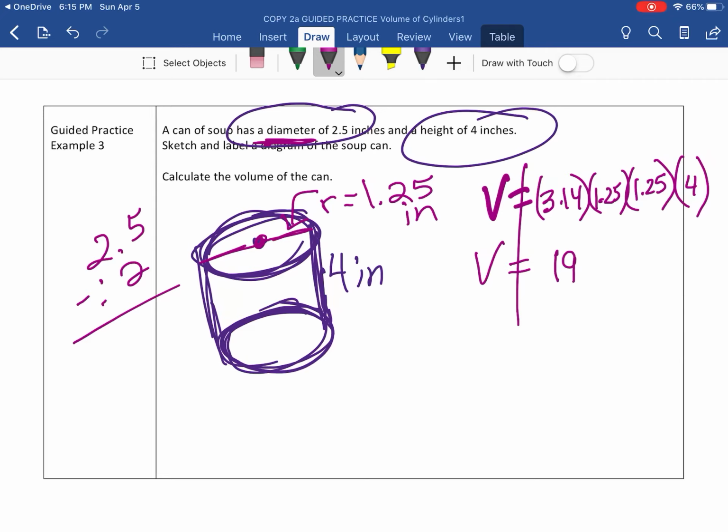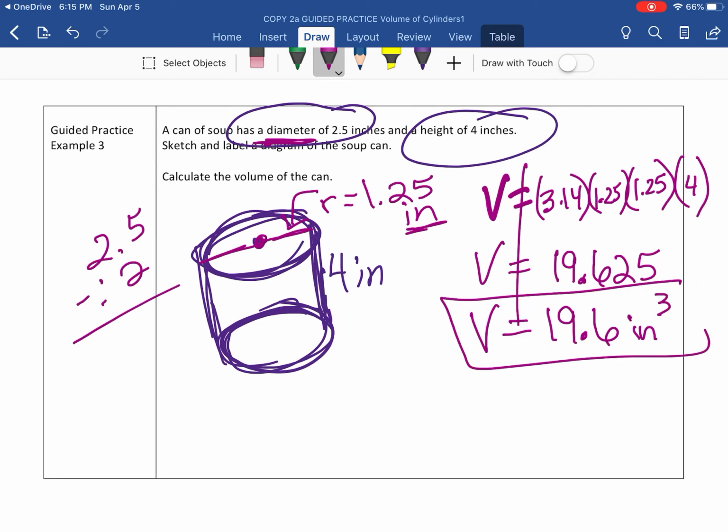Hopefully you end up with 19 point, I don't remember how far it went on, but it's like 19.625. And then I think we've been having you round everything to the nearest tenth. So let's make this 19.6. And it's inches, it's volume, 3D figure, so cubed.